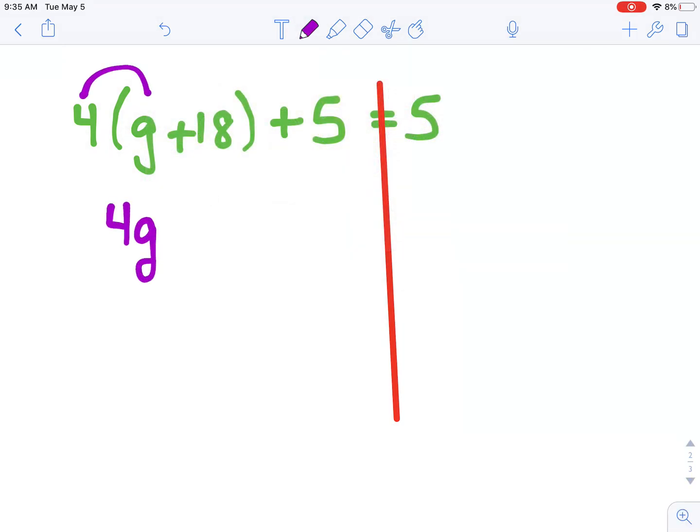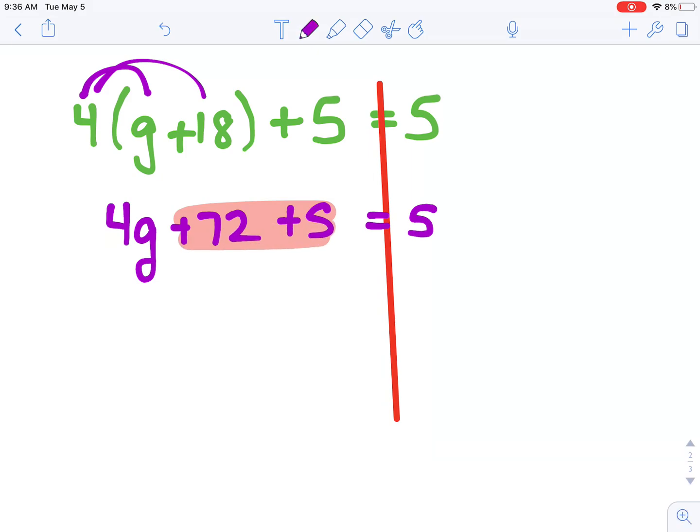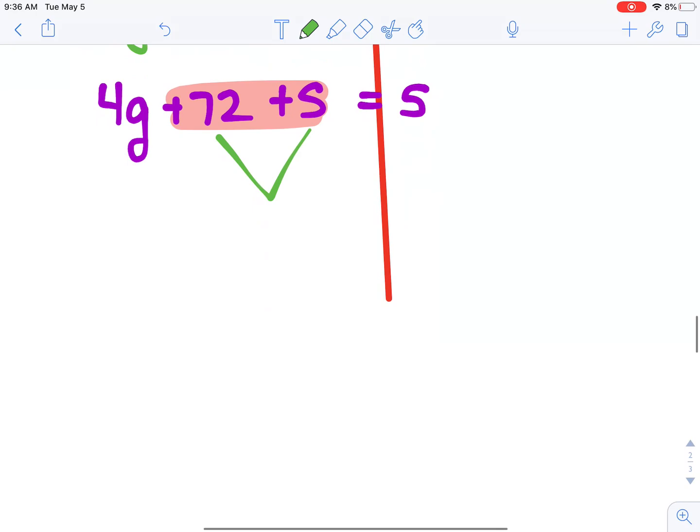So we have 4G. 4 times 18, what is that? 72 plus 5 equals 5. Now, when you're on the same side of the equal sign, we do what's called combine like terms. They get put together as you see them.